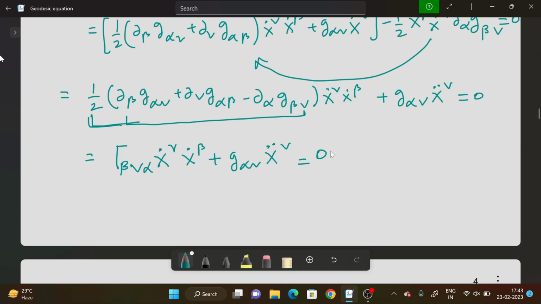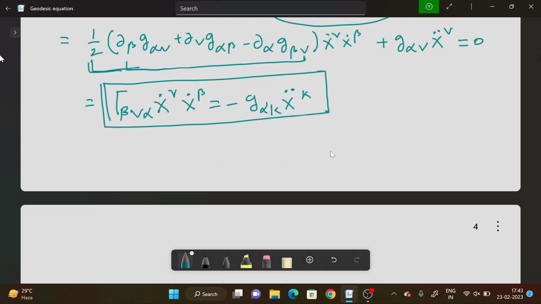Now if we send this part of the equation to the other hand side, we'll get minus g alpha nu x double dot nu, and notice again that nu is the repeated index, and therefore we can replace it with something else. We can replace it with something like k, right? So this is the very general form of the equation.